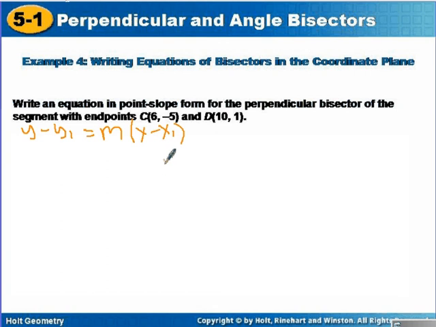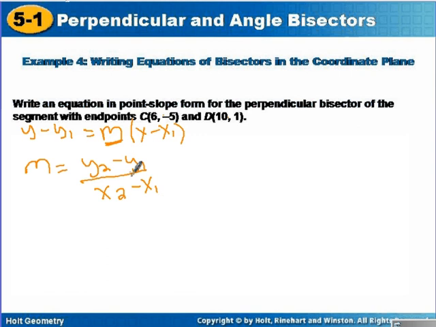Okay, good. Then the next thing you're going to need to do is figure out what is the slope of the line segment that goes from here to here. All right, and so then your formula for slope, remember, is m equals y2 minus y1 over x2 minus x1.